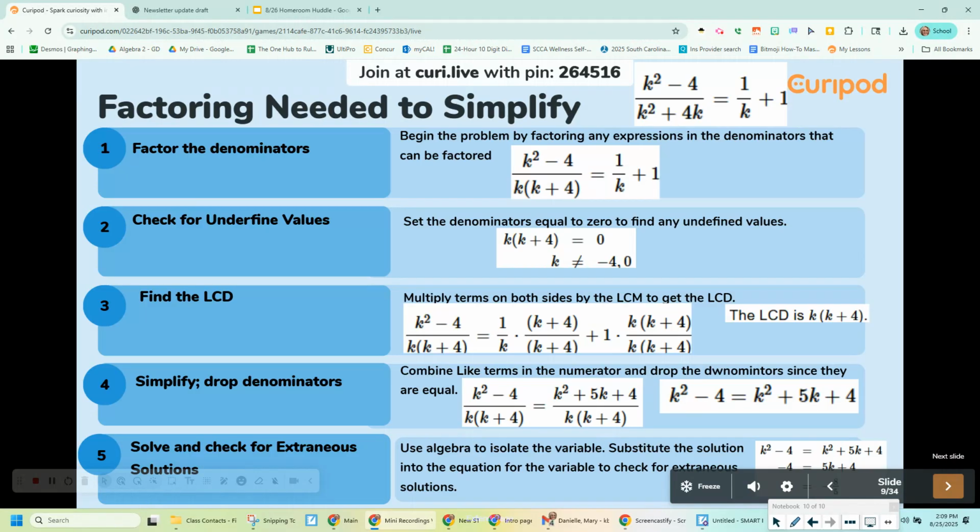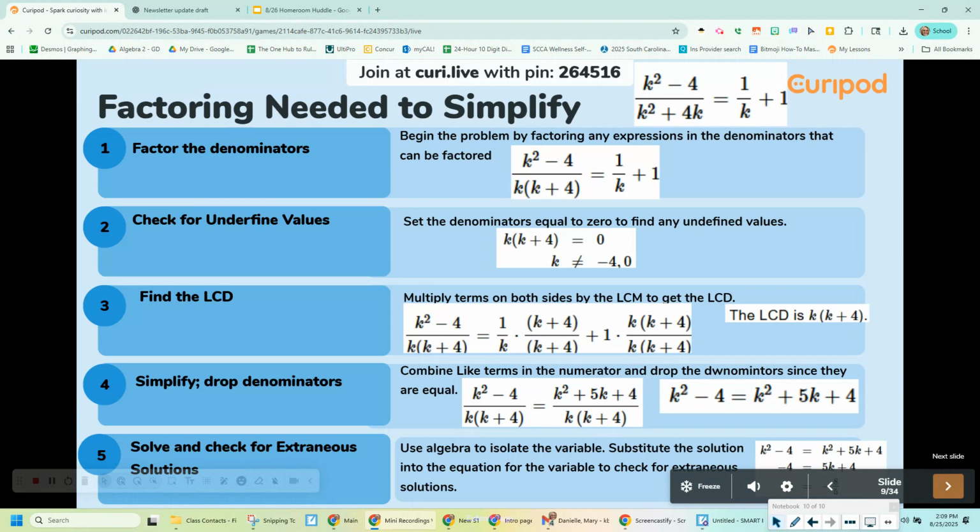In this case, we can factor out a k out of the k squared plus 4k. That leaves us with k times k plus 4. Now we can see we have several denominators here that we need to set equal to 0 to find those undefined terms. We have k and k times k plus 4.